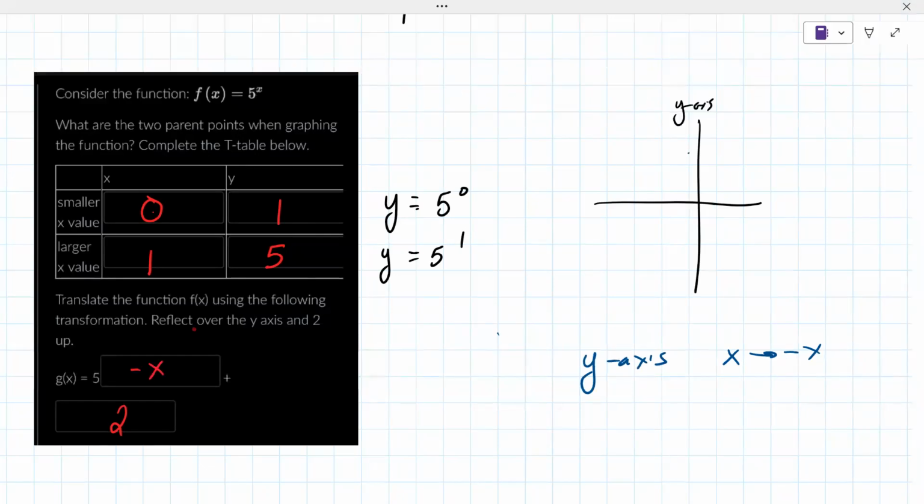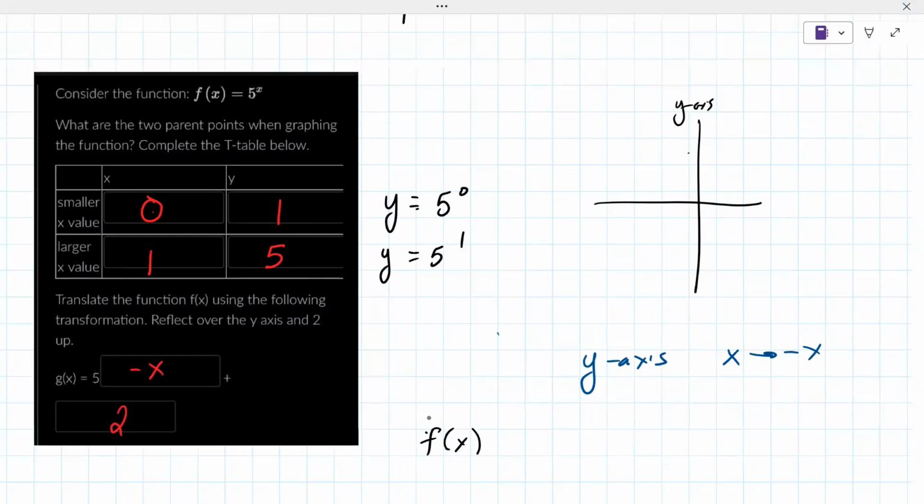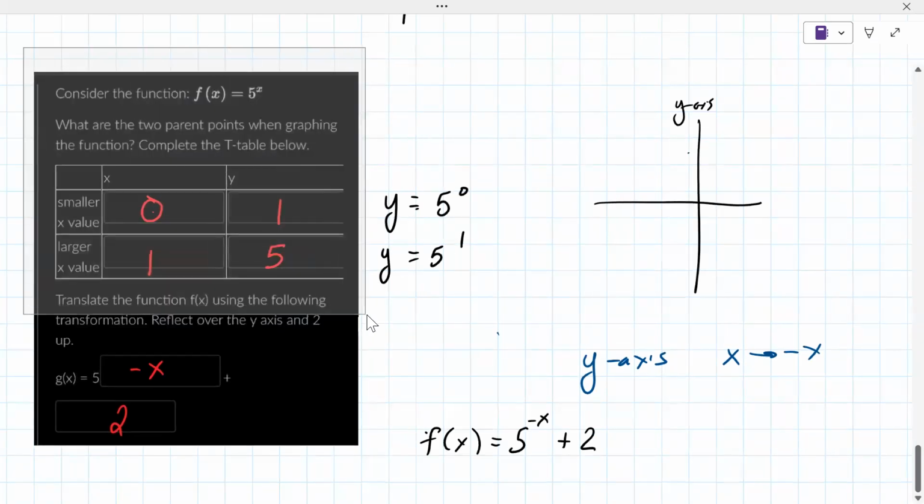And that's an exponent. So it's a little weird, but it looks like this. F of x becomes 5 to the -x plus 2. Is that okay? Yeah. All right.